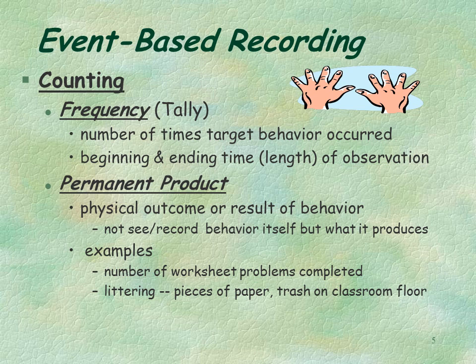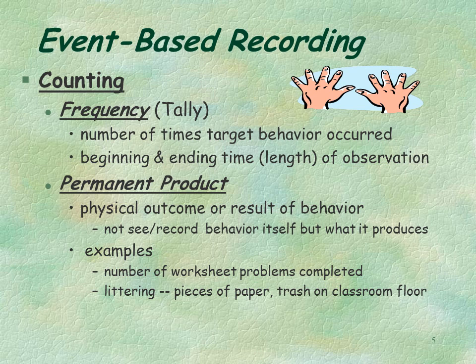So you need to define the behavior in terms that are observable and measurable. By observable and measurable, you define the behavior in terms of things you see. Don't get into trying to assign purpose to behavior at this point. That's something we'll be doing later, but for purposes of measuring, you simply want to record, did the behavior occur, yes or no?